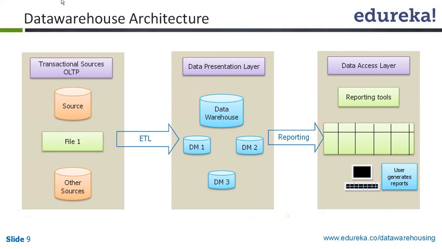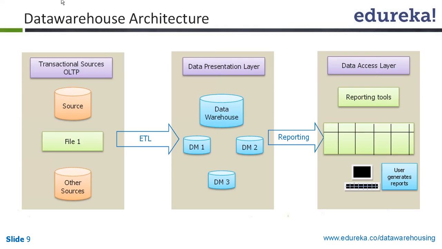The marketing department need not get the finance information. So for customized reporting, they create subsets of the data warehouse. These are called data marts. Now there are two approaches to loading it. One is to first load the data warehouse and then load the data marts, or to load the data marts and then load the data warehouse. We will study these approaches in our class: what are the advantages and what are the disadvantages.